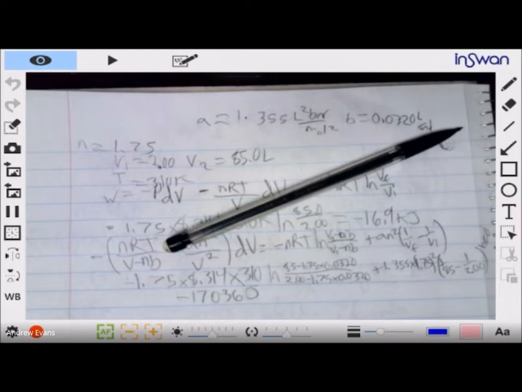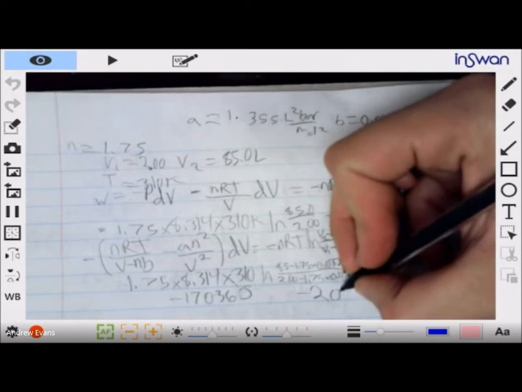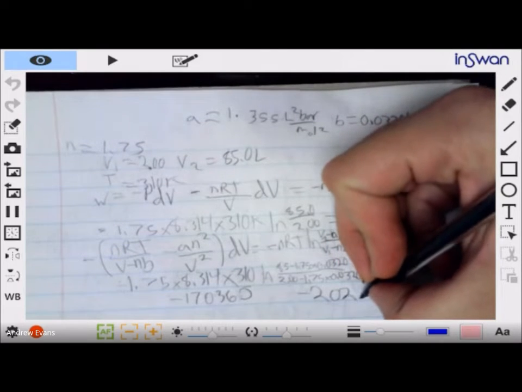The other term, 1.355 times 1.75 squared times 1 over 85 minus 1 over 2, and then times 100, would be a negative 202.6.